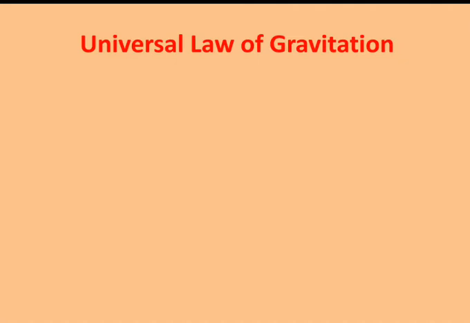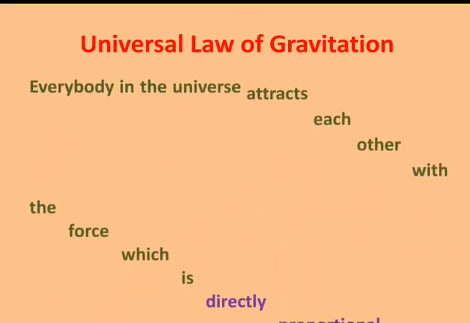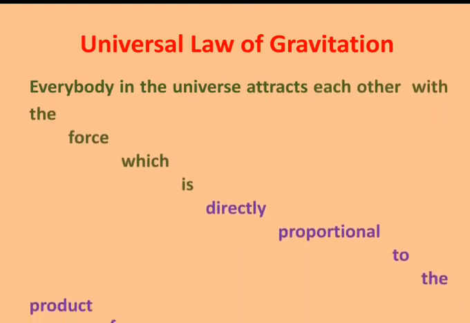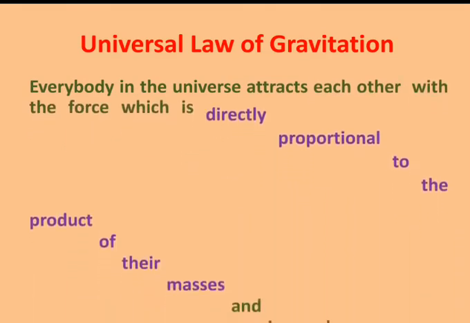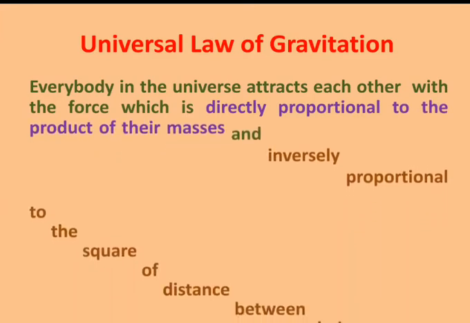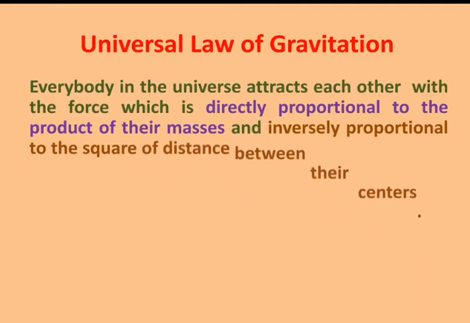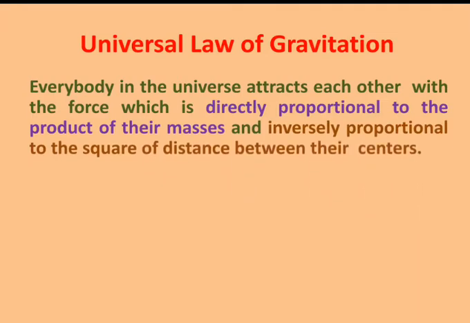Universal law of gravitation. Everybody in the universe attracts each other with the force which is directly proportional to the product of their masses and inversely proportional to the square of distance between their centers.